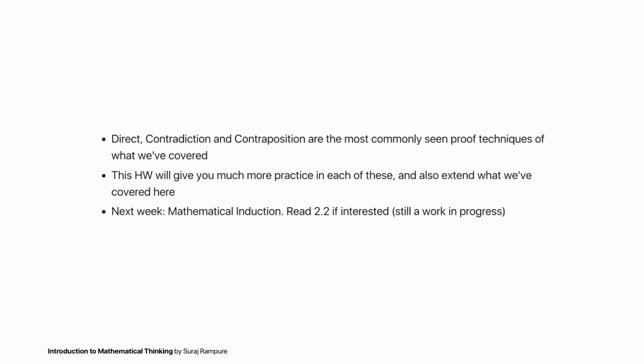You'll be introduced to this idea of if and only if, and how you have to prove an implication in both directions. And next week, we'll start talking about mathematical induction, which allows us to prove that a property is true for all natural numbers. You can start reading the textbook for that if you're interested. It's not fully complete yet, but that's what we'll be talking about next week.